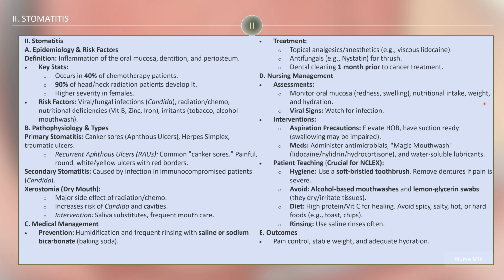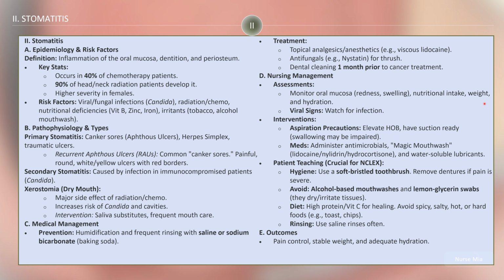For nursing management, we have assessment, where we monitor vital signs, temperature for infection, nutritional intake, weight, and fluid intake. Make sure the patient is hydrated. Actions: implement aspiration precautions, suction at the bedside, head of bed elevated to 45 degrees.